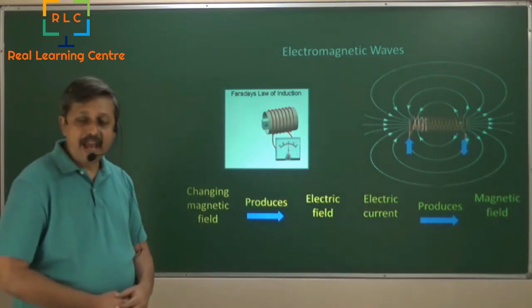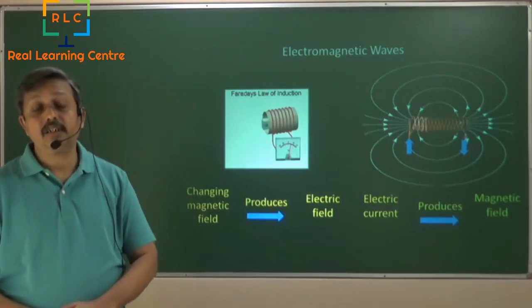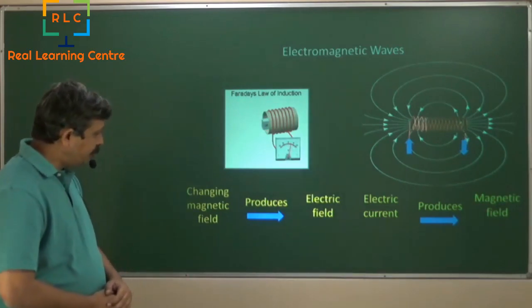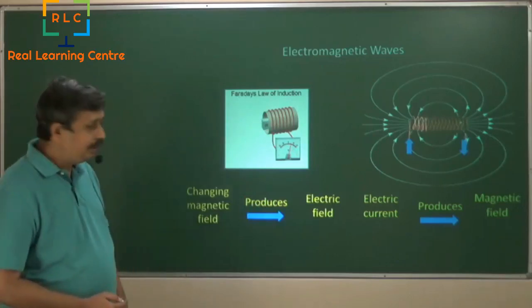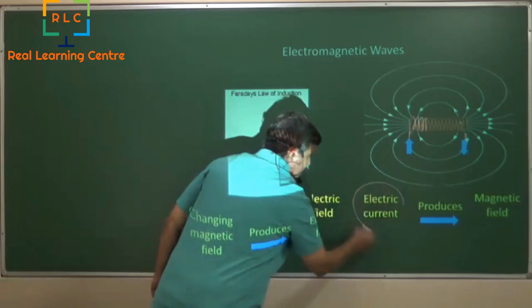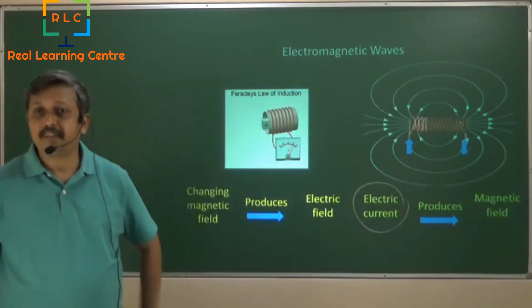So Maxwell, James Maxwell, actually took this effort. He said changing magnetic field produces electric field. He wanted to change the second part and say, instead of electric current, changing electric field produces magnetic field.